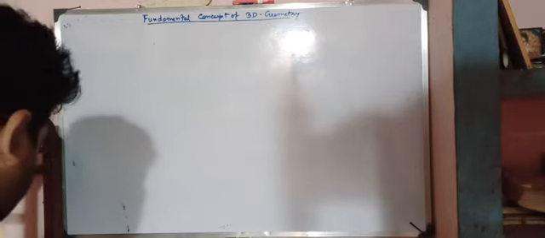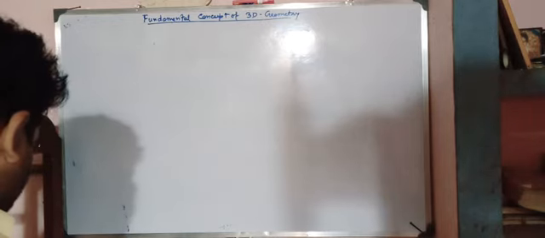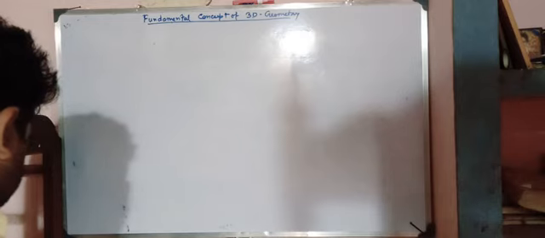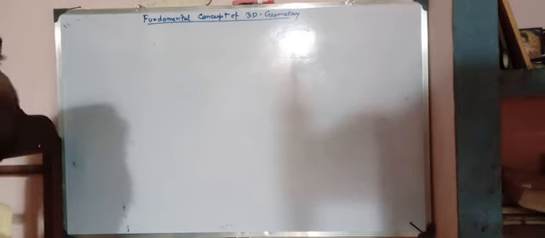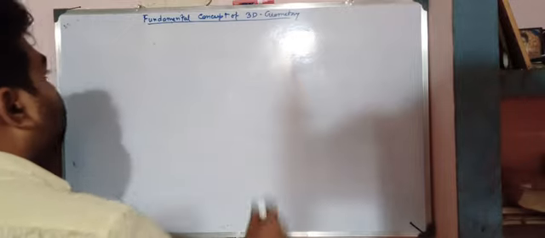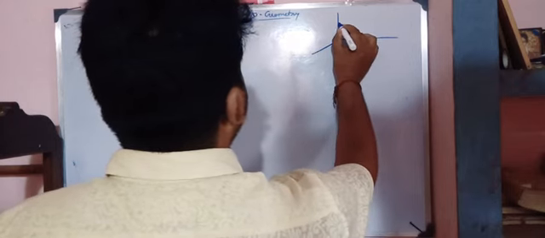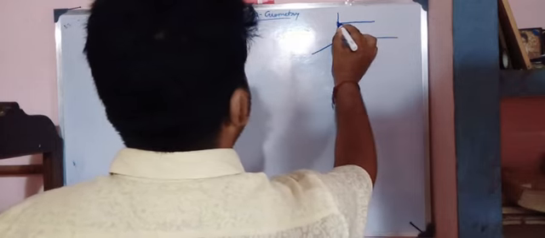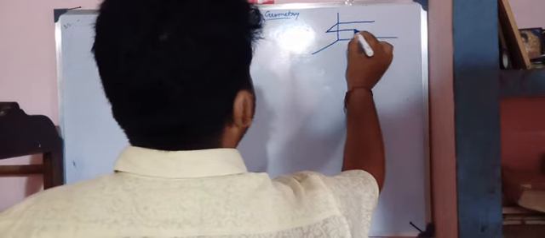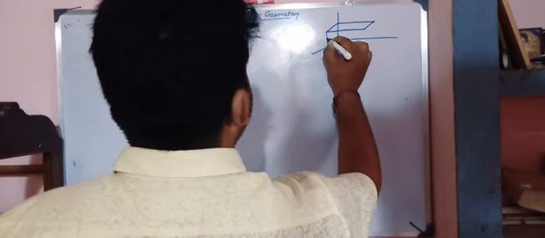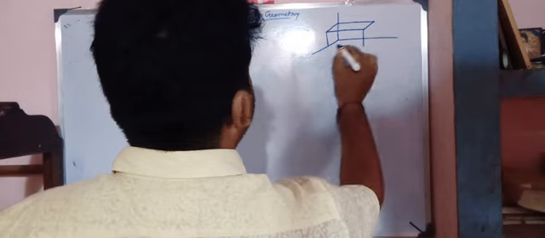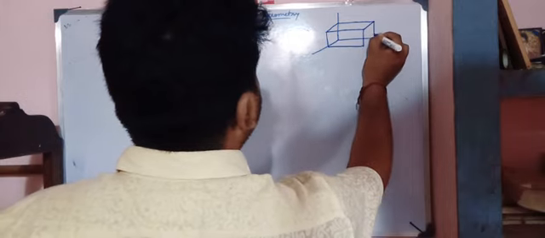The question is given here: if the edges of a rectangular parallelepiped are a, b, c, then prove that the rectangular parallelepiped... Okay, for that we have to draw a parallelepiped like that. This is the rectangular parallelepiped.